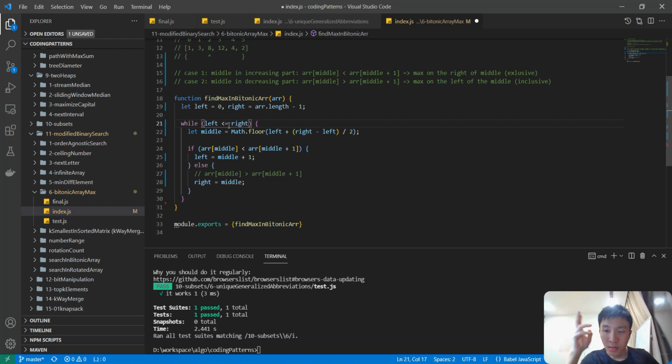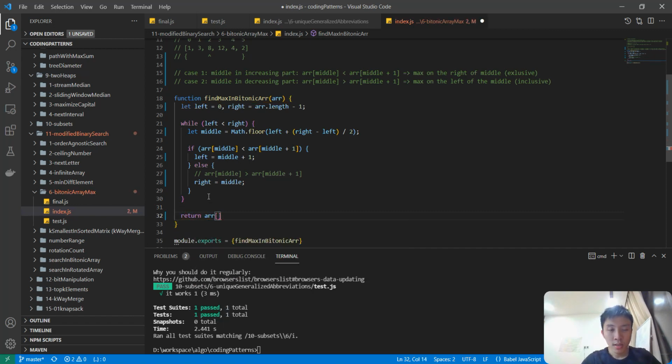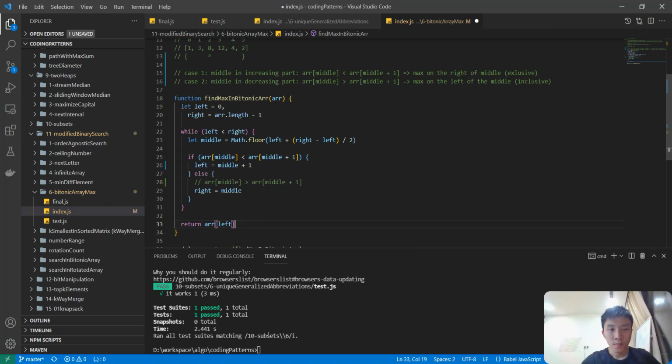It is when the middle will be the maximum number. So here I will update the condition so that we keep searching while left is less than right. If left equals right and also equals middle, I'm going to exit the loop and return the maximum number, at left or right, either will be fine.